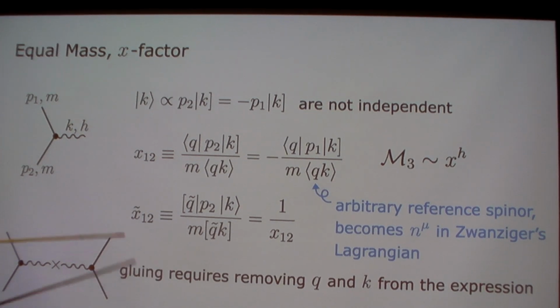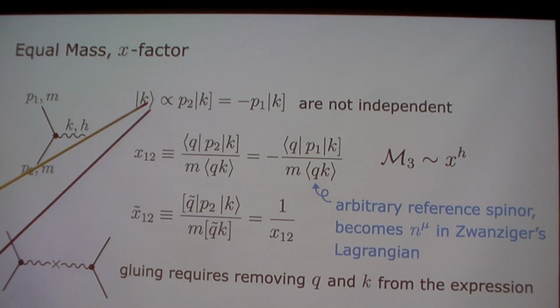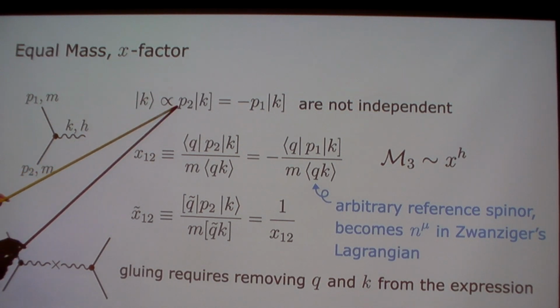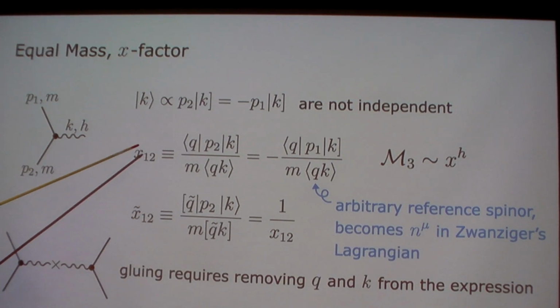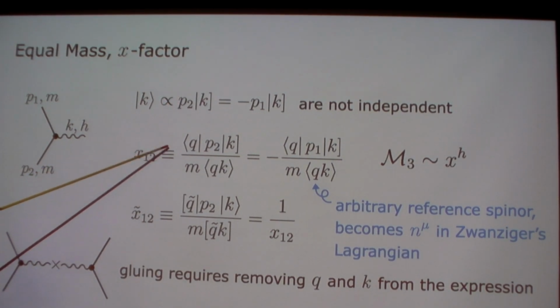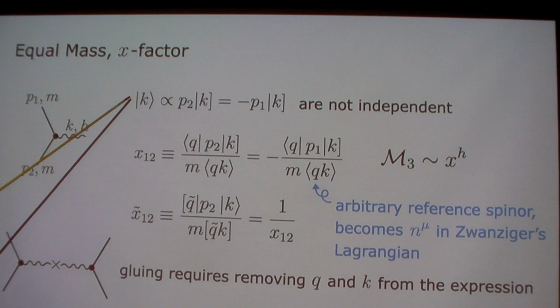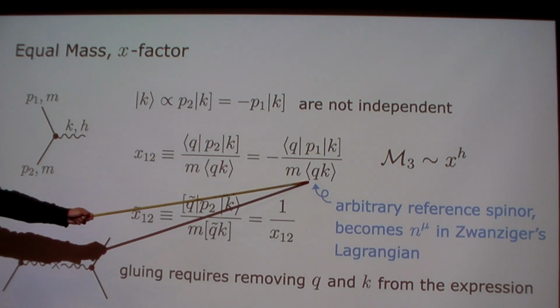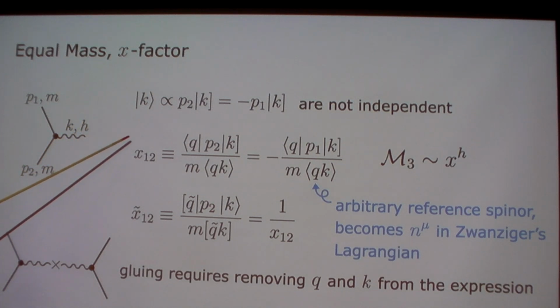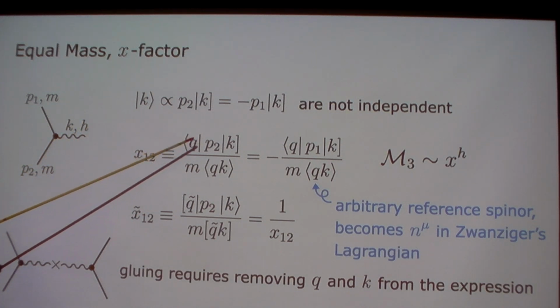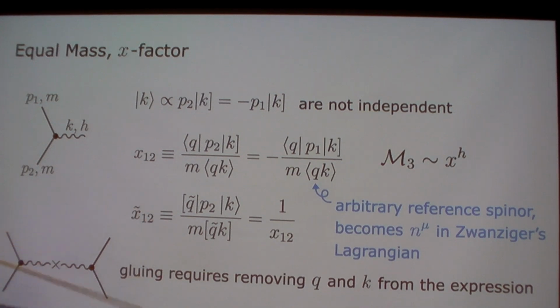But luckily, there's a proportional constant between the spinors, and it actually carries some information. To write this proportional constant as a number, you contract both sides with an arbitrary reference spinor, let's call it Q, and then you can express the proportional constant like this, which we call the x factor.